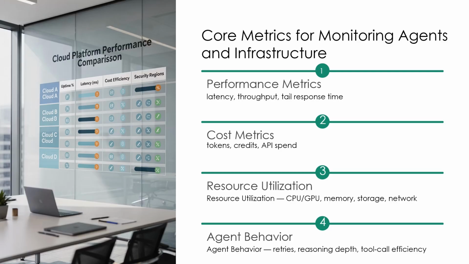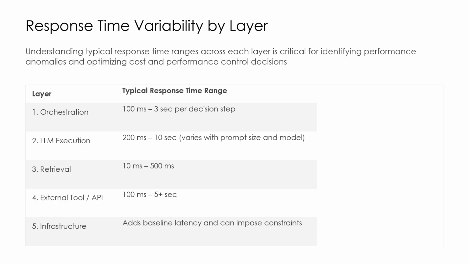This slide is important for executives. It shows that response time fluctuates across different layers of the infrastructure. For example, an orchestration decision can take seconds. LLM calls take up to 10 seconds. And using tools can add unpredictable delays.